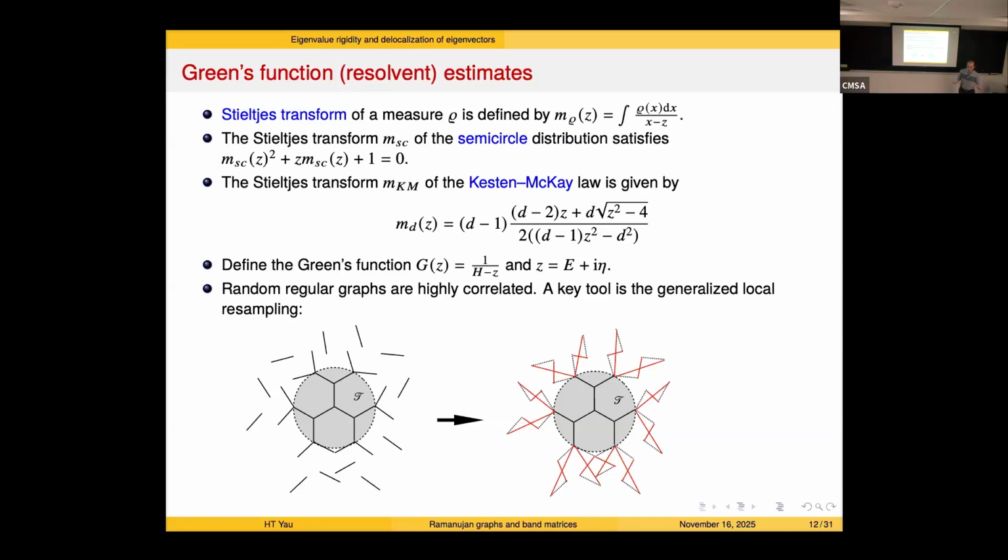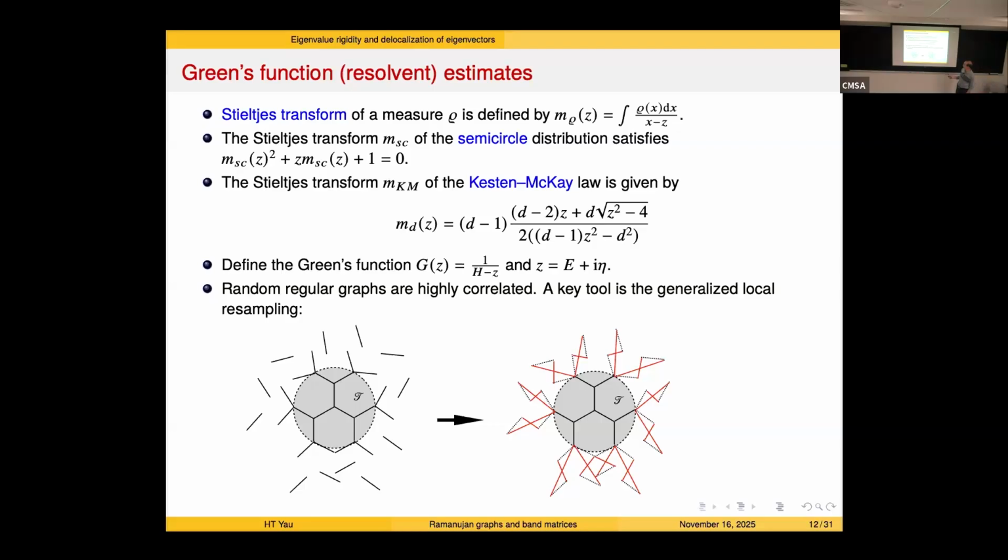There's nothing in between. If you want to show something highly correlated, then typically you can either do it without using randomness, or if you want to use randomness, it has to have some independence. So we managed to find some independence in the random d-regular graph.